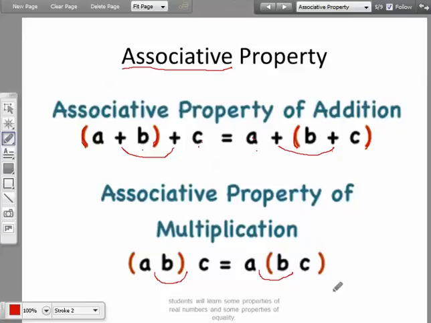Where would this come into play? If you've got something like 3x times 4, okay? Well, we know we can use the commutative property and turn this around to x times 3 times 4. That's still multiplying all the way across. And instead of associating these 2 together, I can now start associating these 2 together.